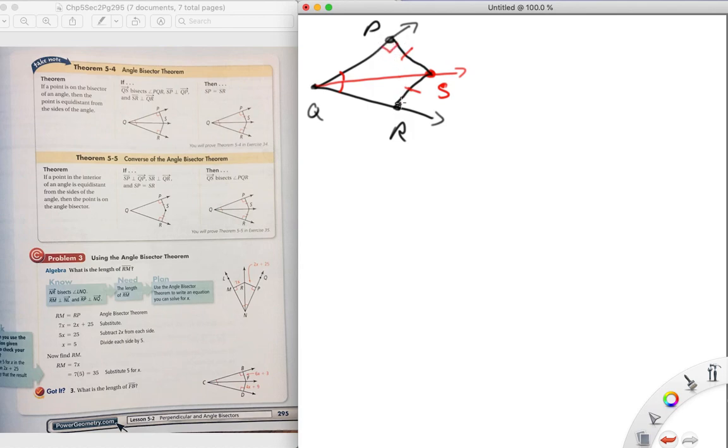Not only that, I already know that the shortest distance will be perpendicular. If I cut an angle in half, any point from that line to the sides of the angle are going to be the same. This is the angle bisector theorem.